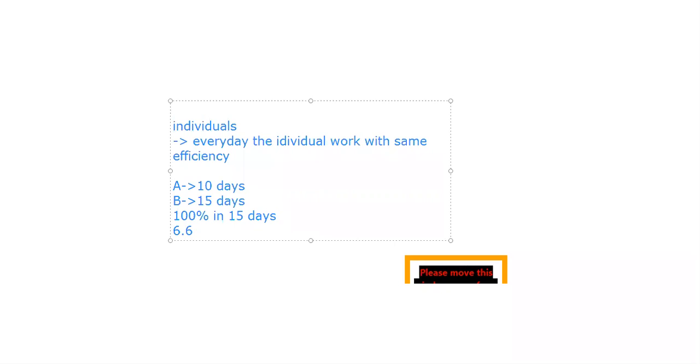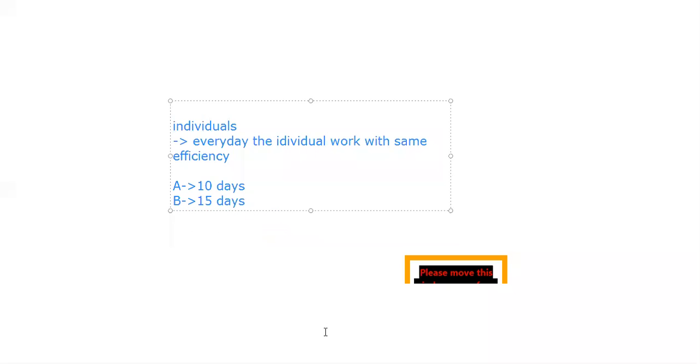I cannot put the bar here, so 6.6% in one day. So B completes 6.6% of the work every day. B has the same efficiency every day until 15 days, and A has the efficiency of completing 10% of the work every day until 10 days.